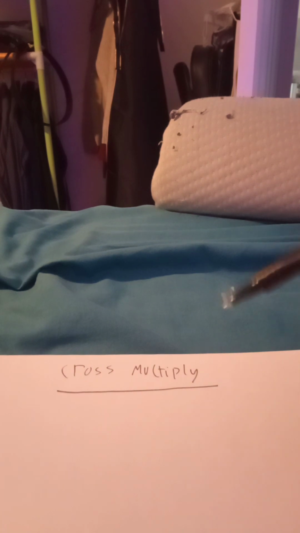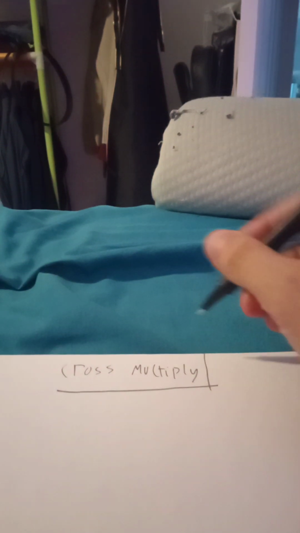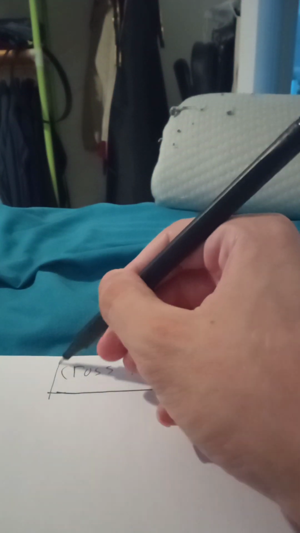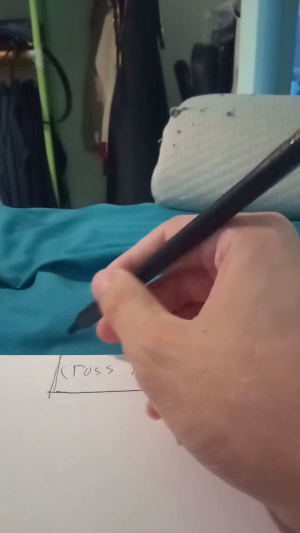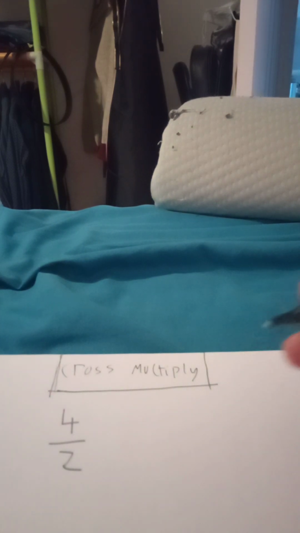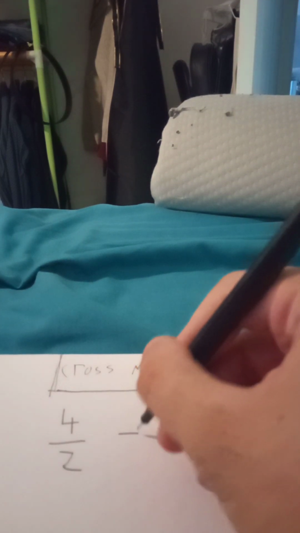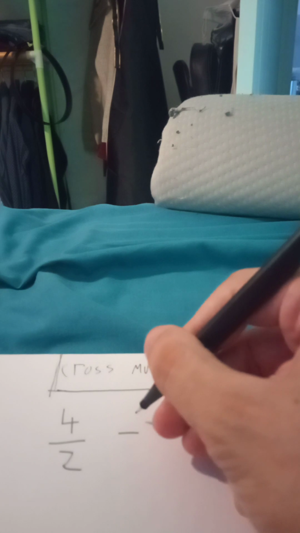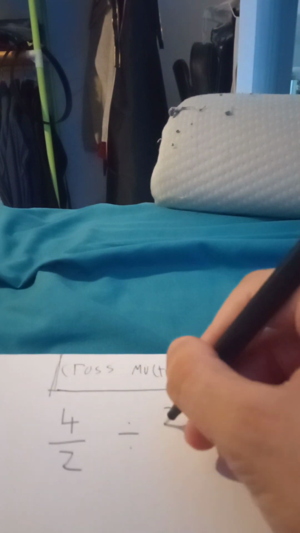Okay, so when you are dividing fractions, you may have come across this thing at school where they tell you to cross multiply. What that actually looks like is, imagine you've got two fractions. So you've got maybe 4 divided by 2 over 1, and you've been asked to divide it by, let's say, 2 over 5.